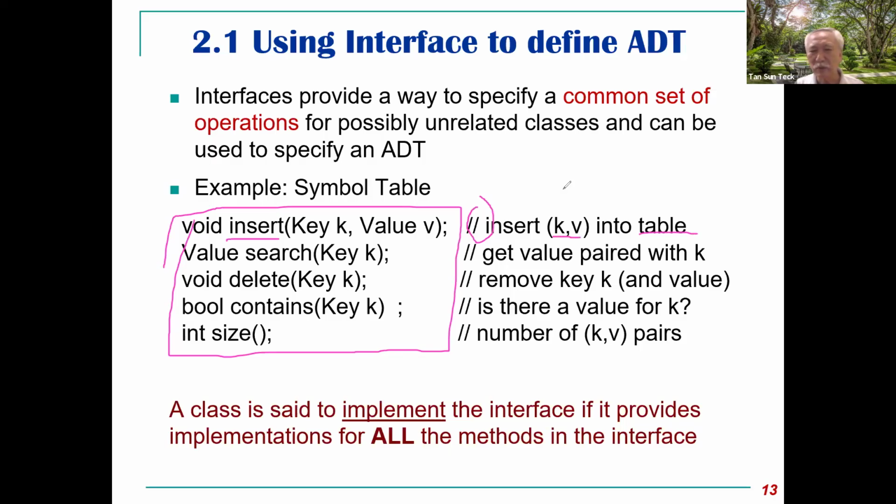In this case, most of the time, the key is the unique key for you to insert data into the table. We have mentioned that before in hashing and so on. So you can see that this interface down here only gives you the parameters and the method name without telling you how this is implemented. How do you insert? How do you search?